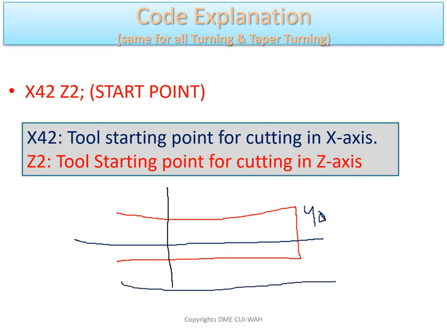So by X42 and Z2, what will happen? Our tool will move 2 millimeter away from the workpiece in X direction and 2 millimeter away from the workpiece in Z direction. Let's suppose this is our tool. Here, this is the point.